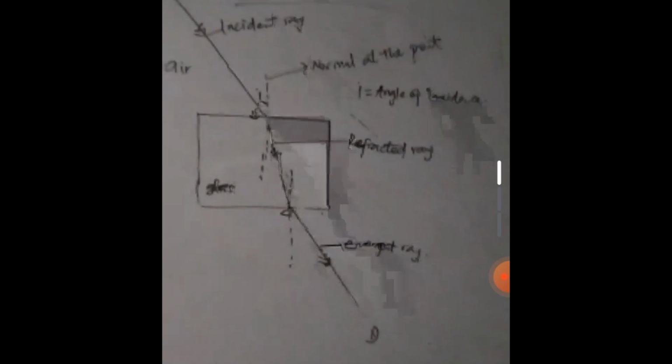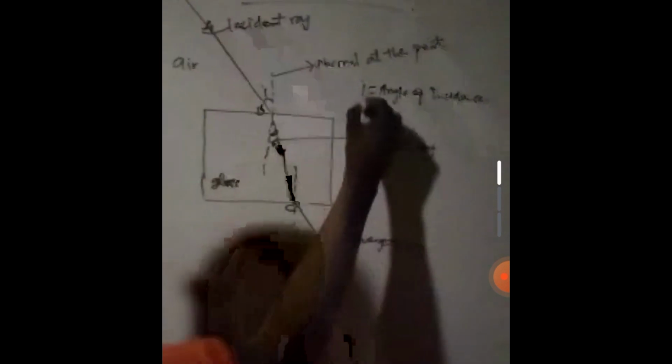And the angle that the refracted ray makes with the normal at the point is known as the angle of refraction. This is it, R. So R is the angle of refraction. It is the angle that the refracted ray makes with the normal at the point.